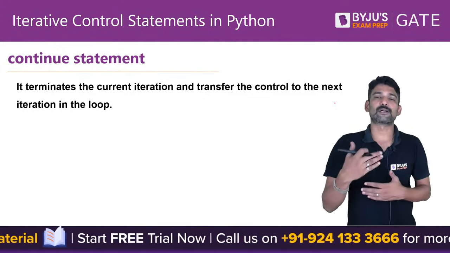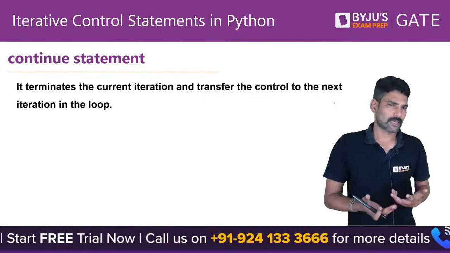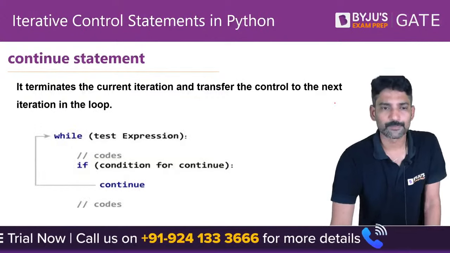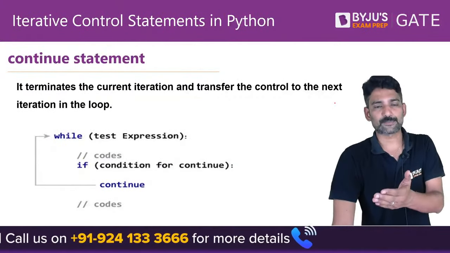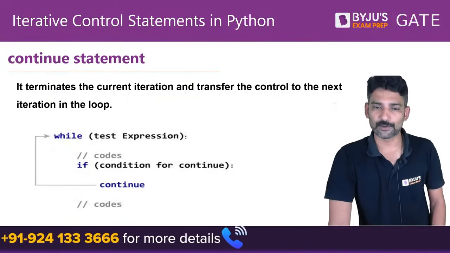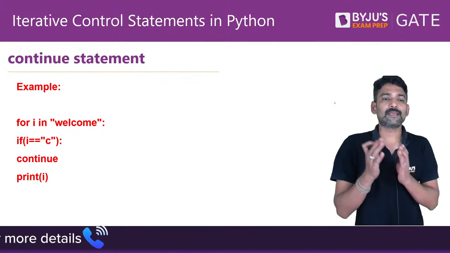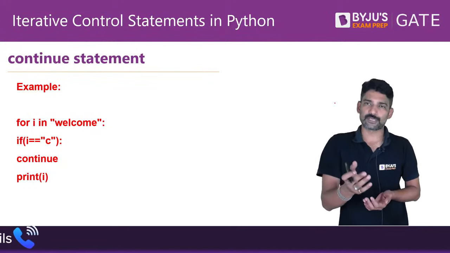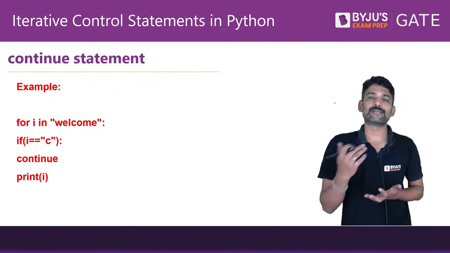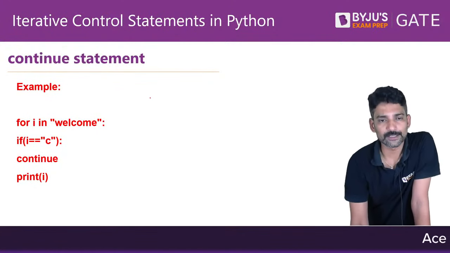So it transfers the control to the next iteration, same as other languages. So you see, while test expression, if condition for continue, continue. You see the example. For i in welcome, if i equal to c, continue, print i. So what would be the output you get here? You tell me.